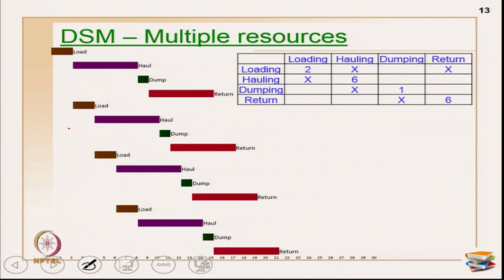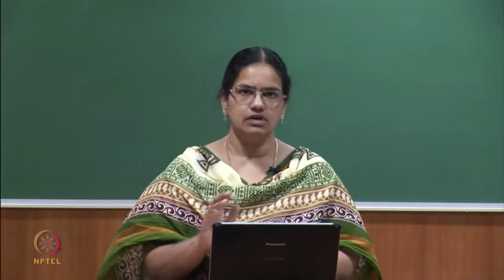This is the meaning of using the DSM in the construction phase. As I told you earlier, DSM is an ideal method for information flow in the design phase as well as in the construction phase, but you can also use the same DSM for workflow in the construction phase, which is what I showed you with this example.